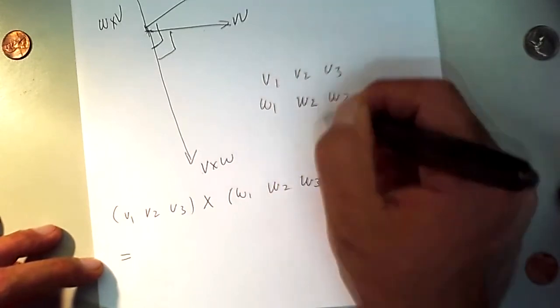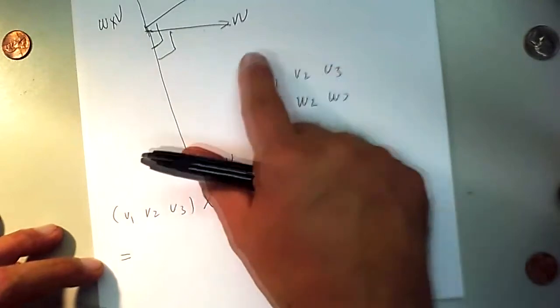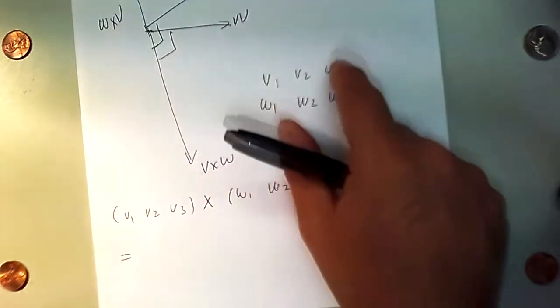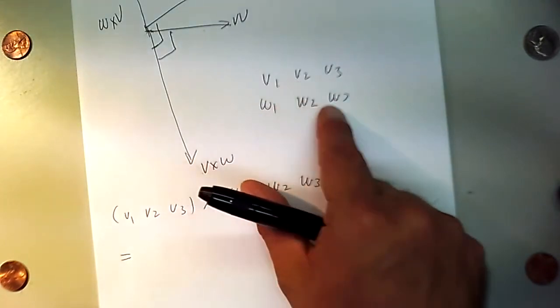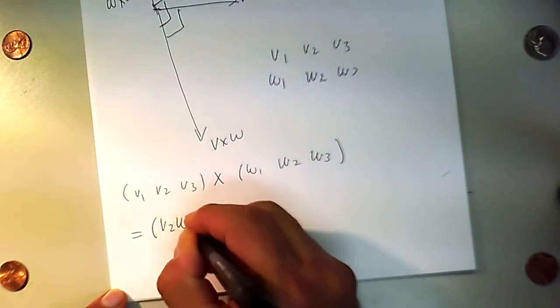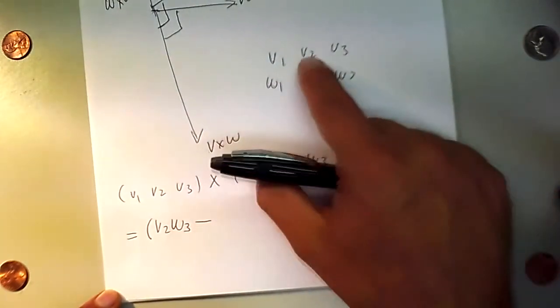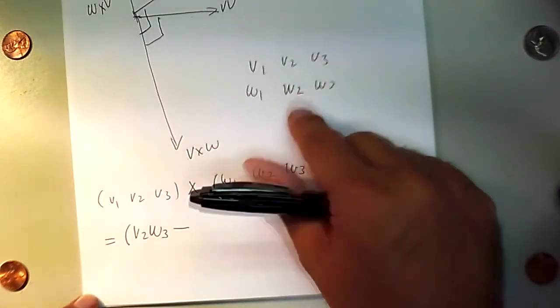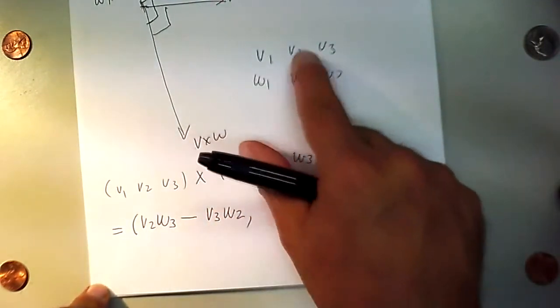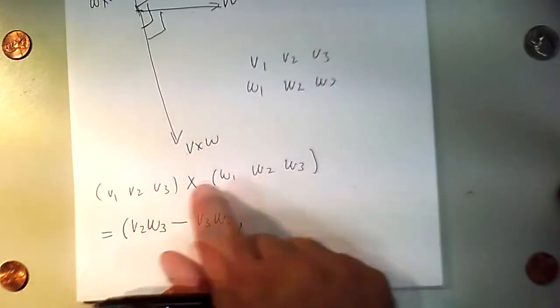Pretend you got another row up here, so this is like a 3 by 3 matrix. So I do V2, W3 minus V3, W2. That is just the first component of this product.